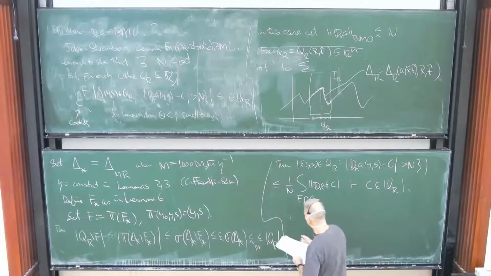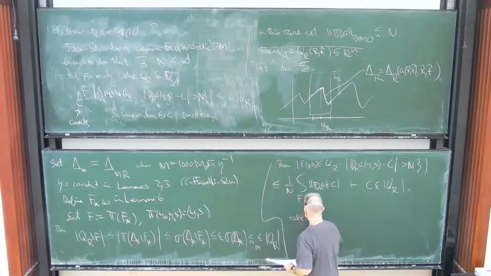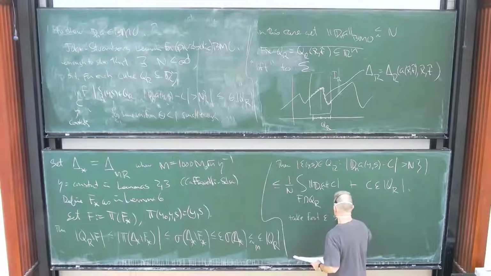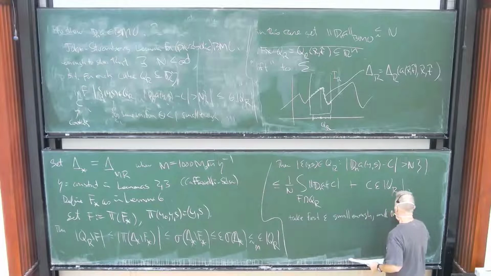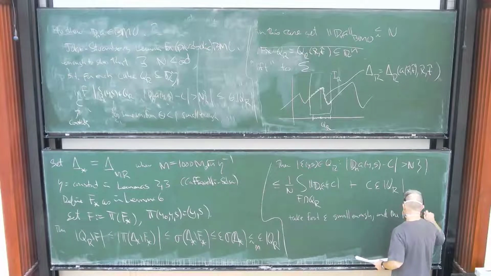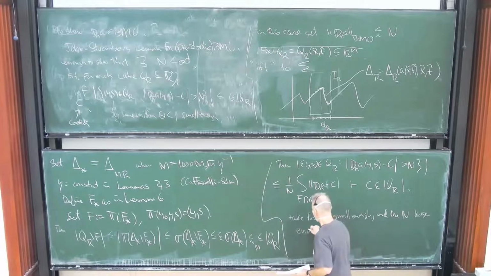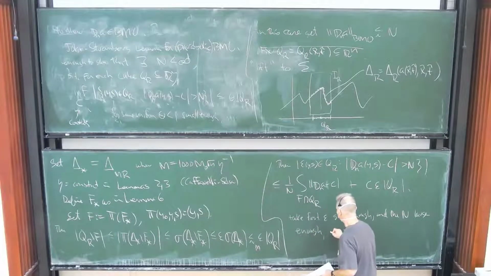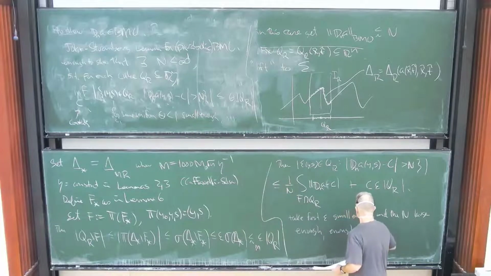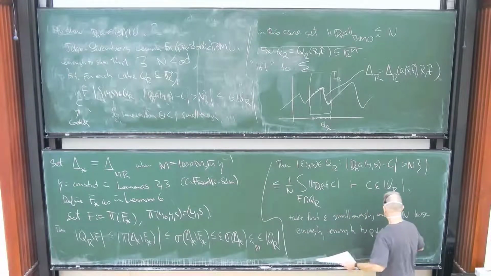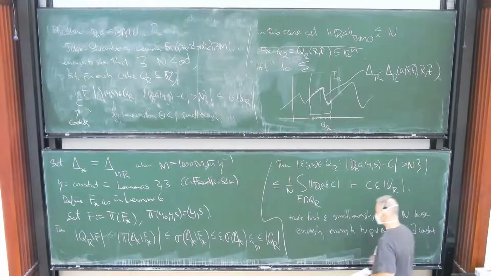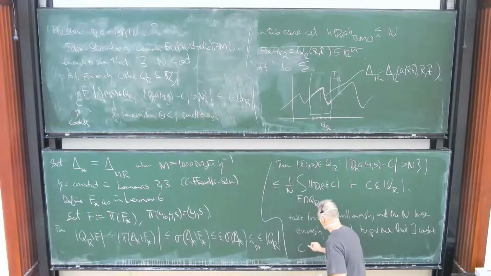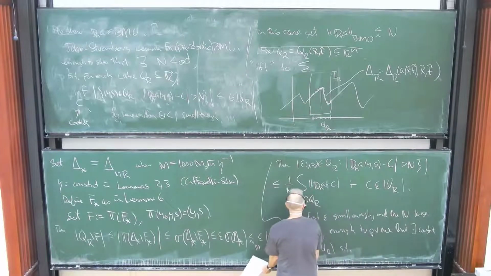So by taking first epsilon small enough, and then n large enough, we can see that it's enough to prove that there exists a constant C depending on Q_R, such that, what do you think happens?